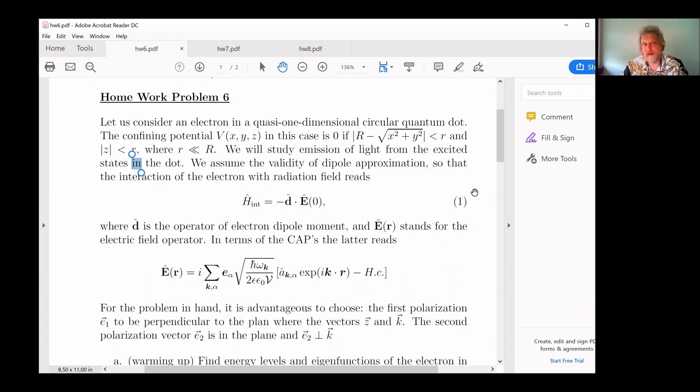And as in computation of second order correction, we need to know, and this is always one of the first questions, explicit or implicit, we need to know the states we are dealing with, either virtual states for second order correction or final states for a transition.